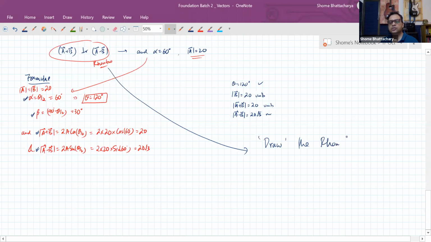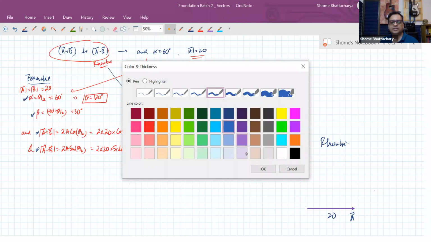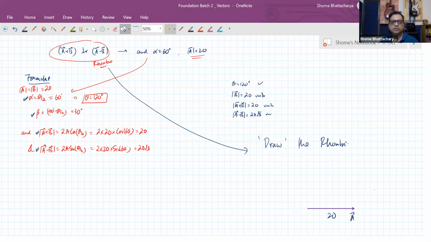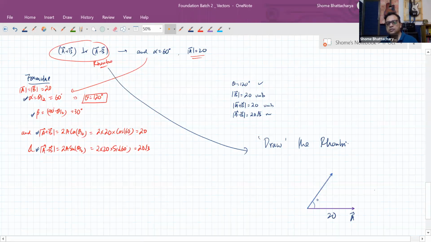The moment you see that the sum a plus b is making an angle of 60 degrees with respect to a, you'll realize that if this is the vector a of magnitude 20, its vector sum with b is the one which is like this. This is at 60 degrees and this is a plus b.